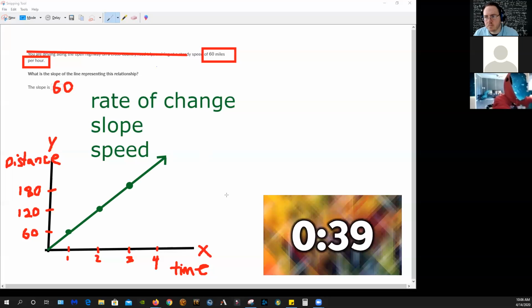So I'm almost positive the answer is just 60. Rate of change, slope, speed, they are all the same thing. Speed is just a very specific one.